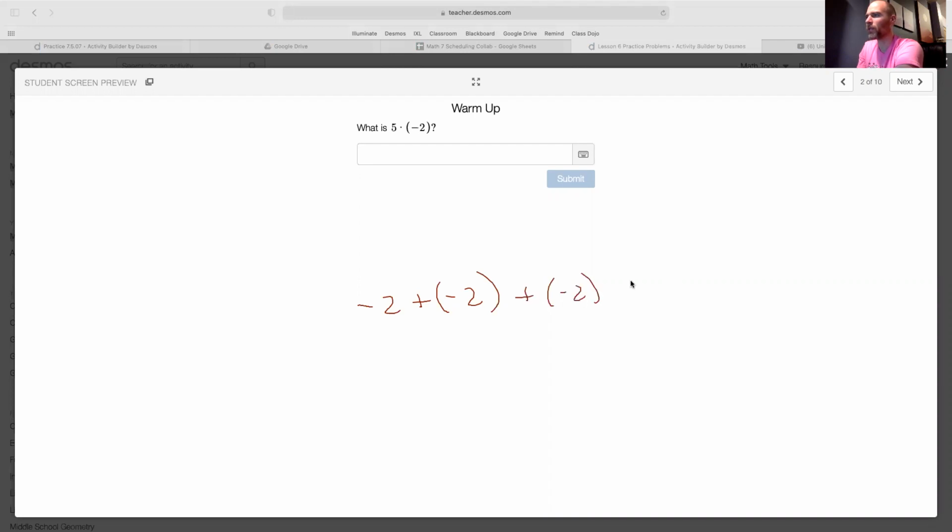And then one of the strategies we learned for adding up numbers is that if every single number you're trying to add up is negative, you can just add them as if they're positive and toss a negative sign on at the end. And so this is 2, 4, 6, 8, 10, but it's -10. So 5 times 2 is 10. 5 times -2 is -10.